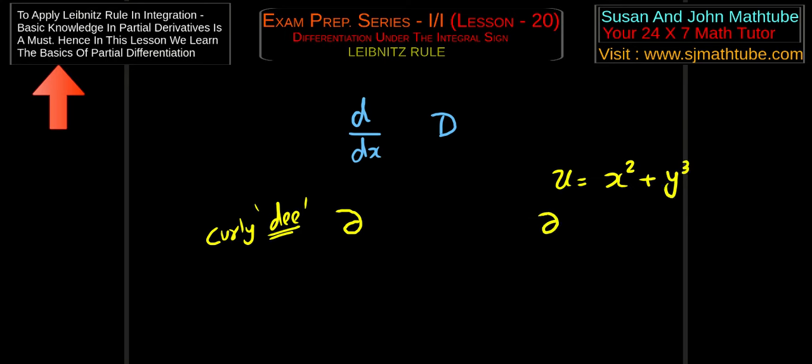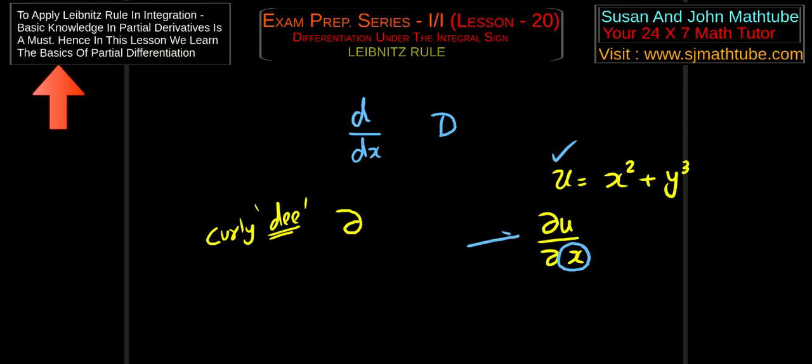And suppose you want to find the partial derivative with respect to x. You have to understand the fact x will be treated as the only variable. Even though we have two variables, look at this. This is a function which is made up of two input variables x and y.